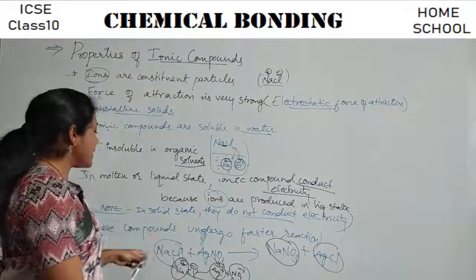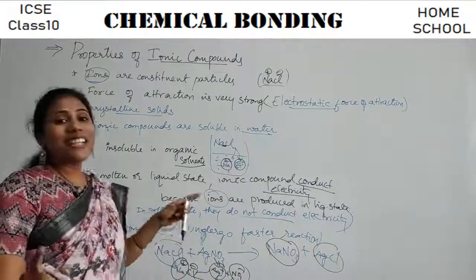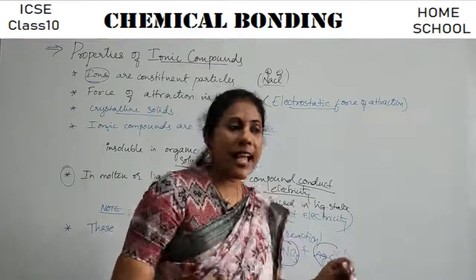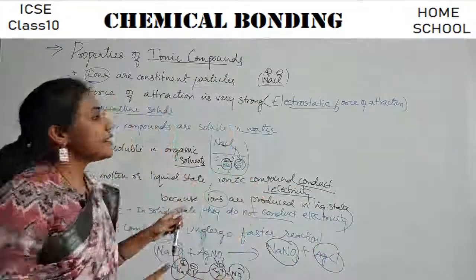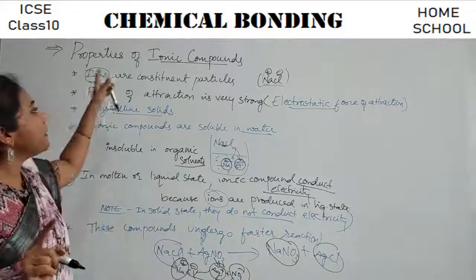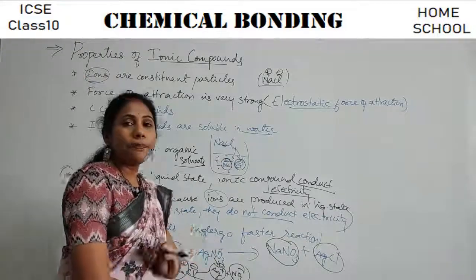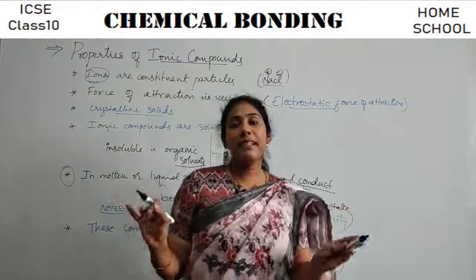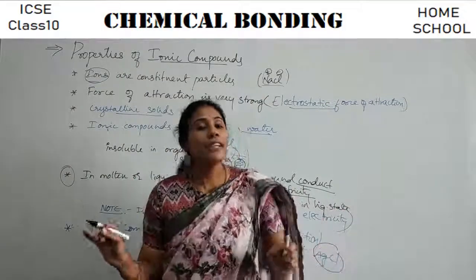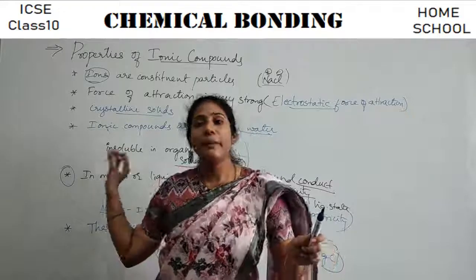Clear? So that's the reason we say ionic reactions are very fast. These are some important points to keep in mind about the properties of ionic compounds. With this, I am completing ionic bond, how ionic bond is formed, certain examples and their properties.